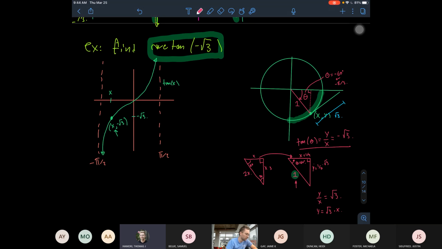So that is how I find the tangent inverse of a value.